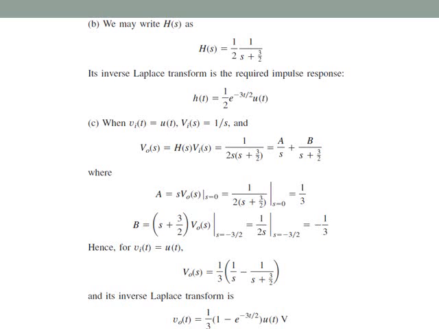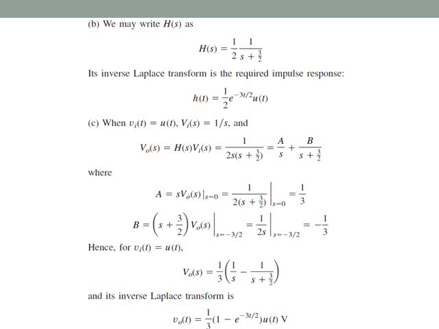Okay, and part 3 is the response when Vi of t is u of t. In the third part we have been given the input as u of t, which means in the S domain the input is equal to 1 by S. As we already know the impulse response and now we know the input, we can find the output using the equation H of s multiplied by the input.